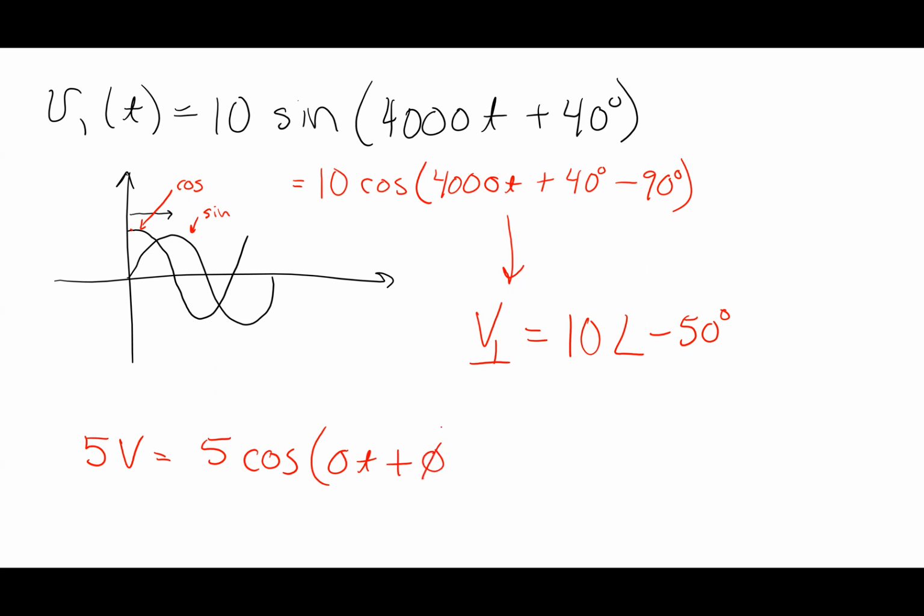All right, it's plus phi. Now that phi doesn't really make any sense. I can't have a phase shift, so it's 5 cosine 0t plus phi. So it's also a sine wave, if you want to think of it that way.